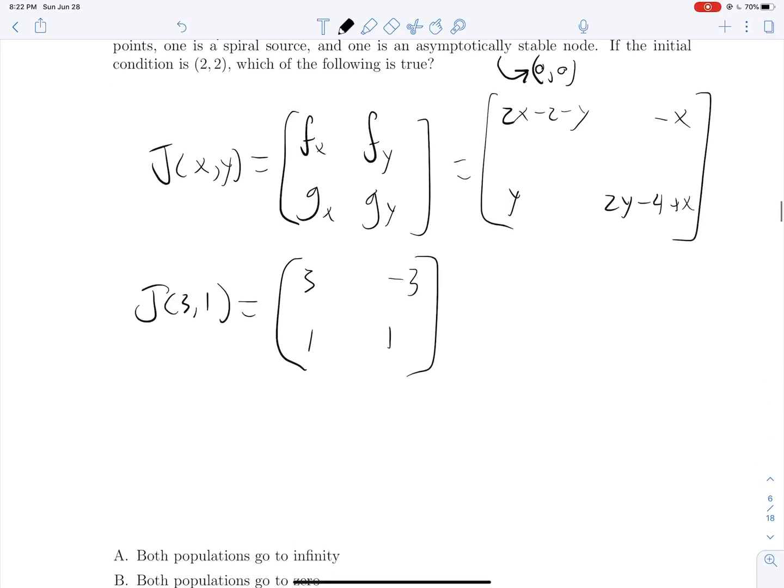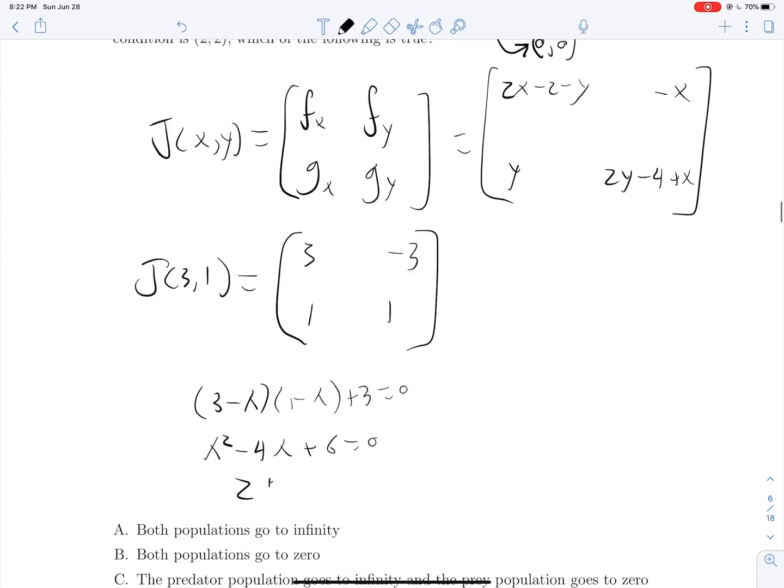Okay, solving this system for our eigenvalues, (3 minus lambda) times (1 minus lambda) plus 3 is equal to 0. Lambda squared minus 4 lambda plus 6 is equal to 0. 2 plus or minus the square root of 16 minus 4ac.